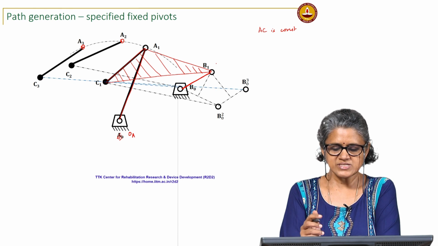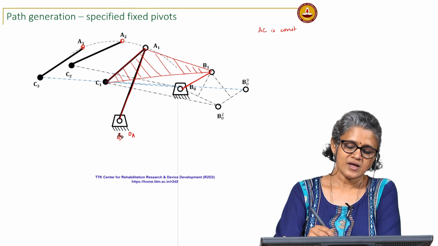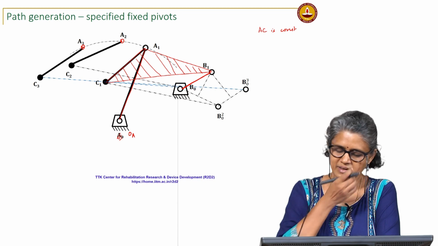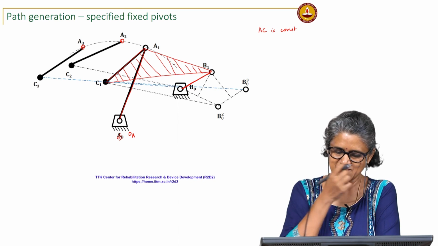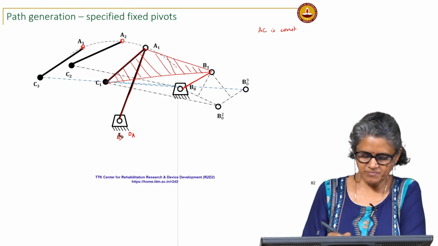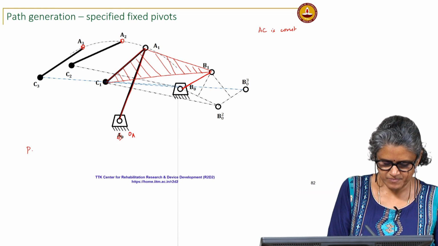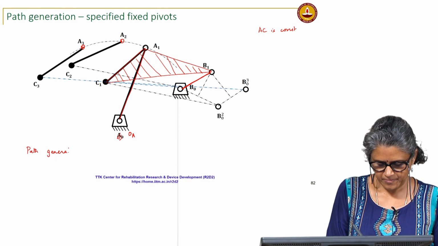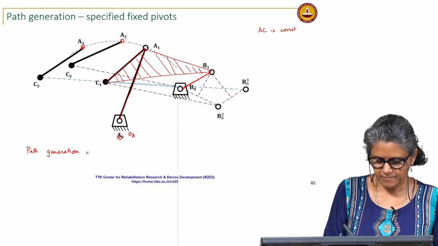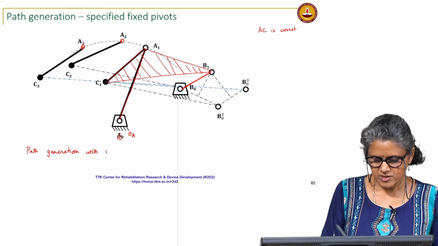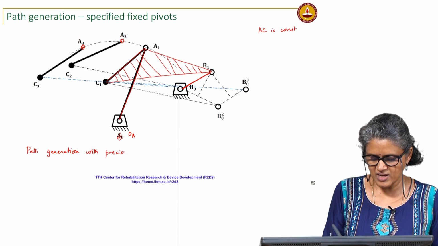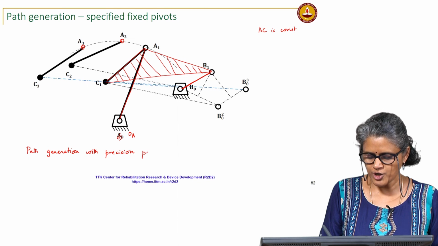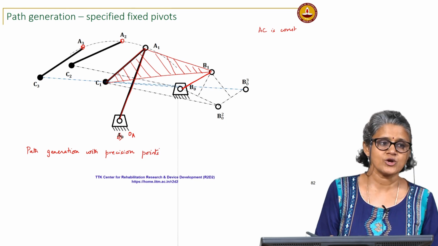Okay. So, this is path generation. We are going to spend time on it later, so this is just what we call path generation with precision points. Precision points are the points that you want to hit in your design.